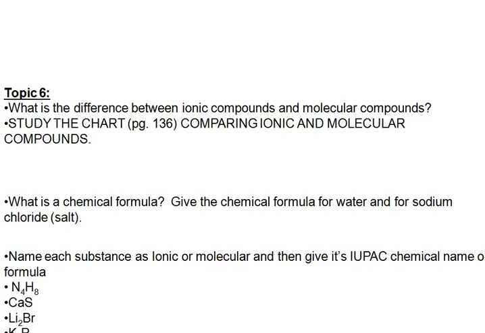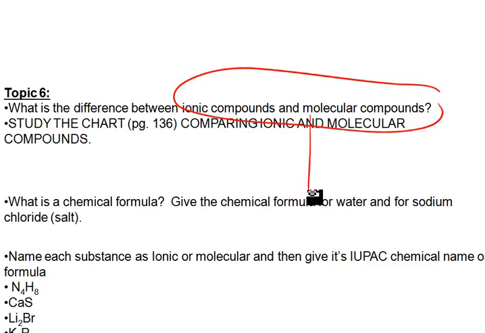Topic 6, what's the difference between ionic and molecular compounds? This is really important. We should know properties that differ between these two substances. Ionic substances conduct electricity when we put them in water, whereas molecular do not conduct.